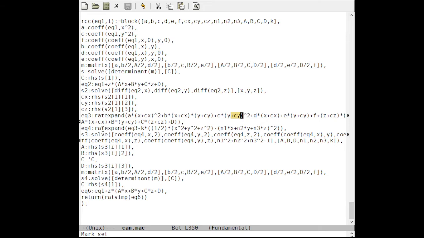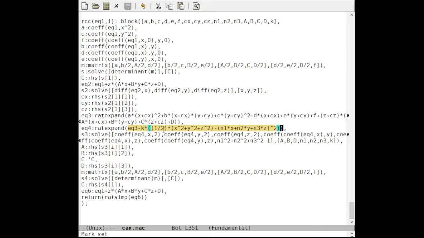So this equation, when we have the apex at the origin, needs to be the same equation up to a constant k.